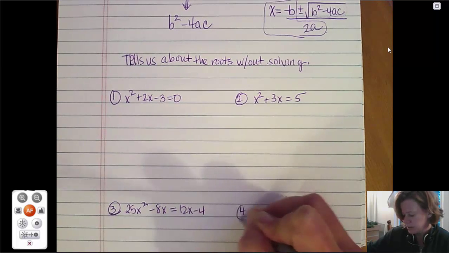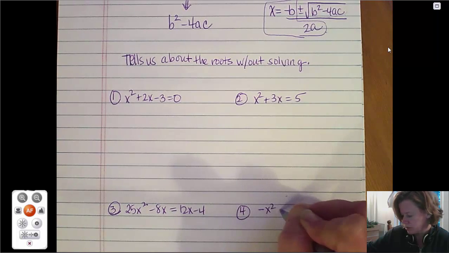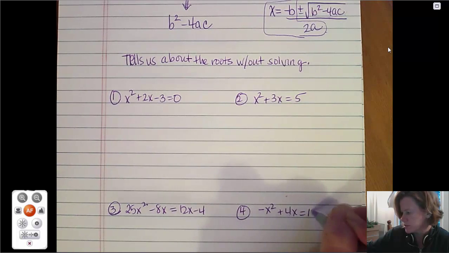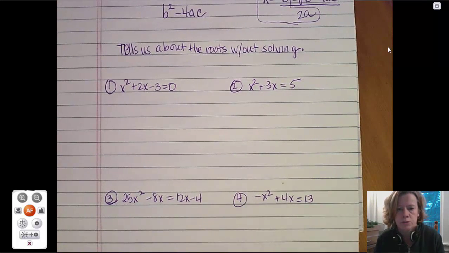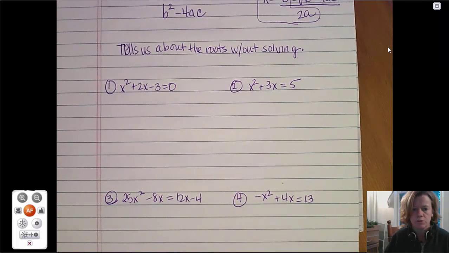And finally we solved negative x squared plus 4x equals 13. So, yesterday we solved those. We know what the roots are. If you go back into the cumulative notes, you can find them. But today let's talk about what if we don't want to solve, we just want to know what the roots look like. Here's what you would do.